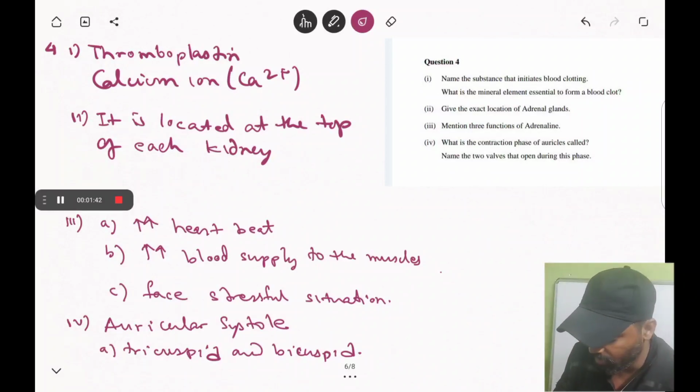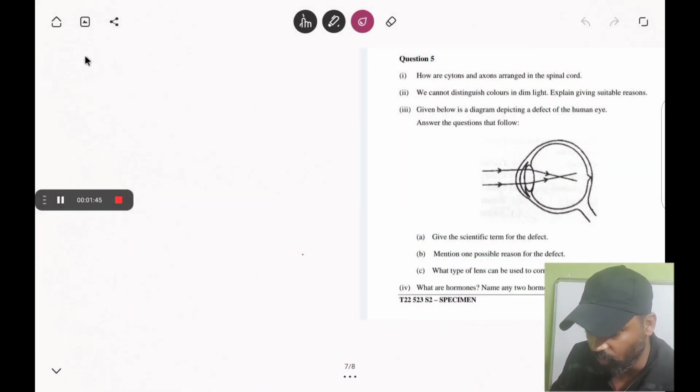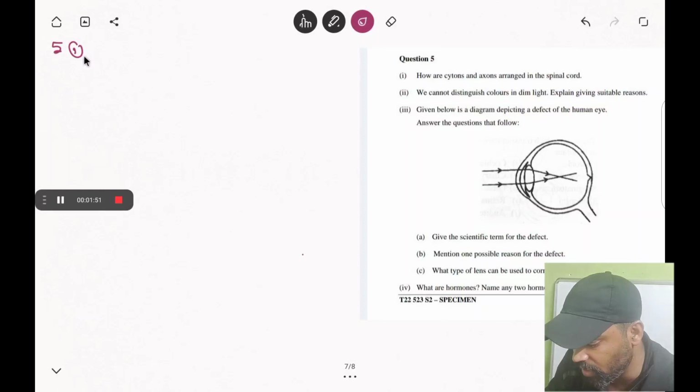Done. Now let us look at number 5, what they have given. Number 5 part 1. How are cytons and axons arranged in the spinal cord?